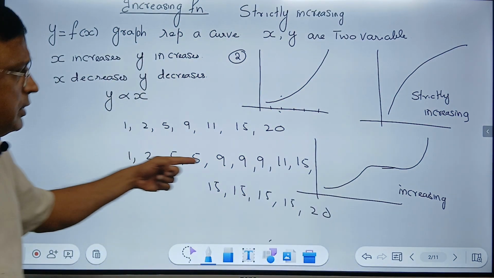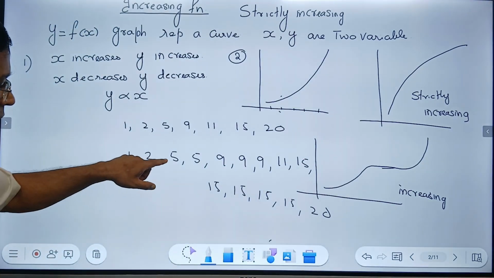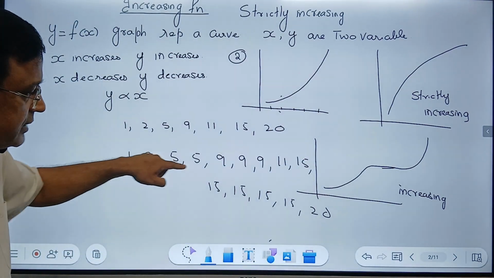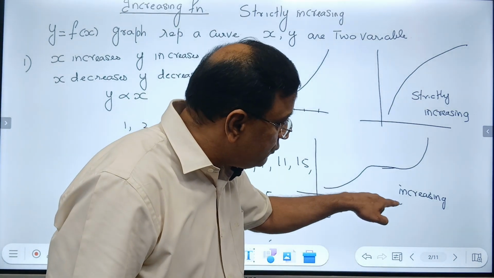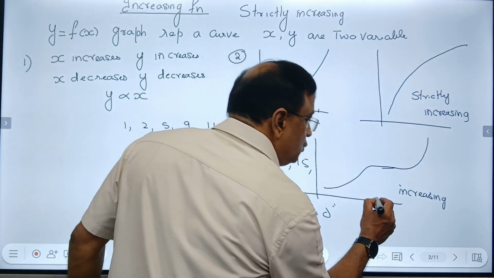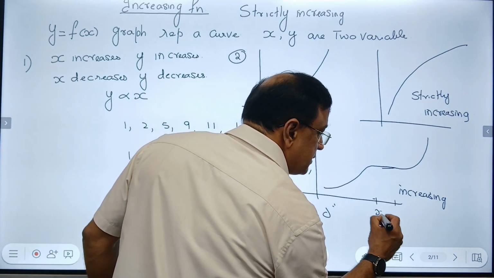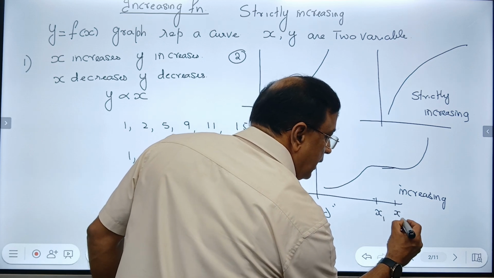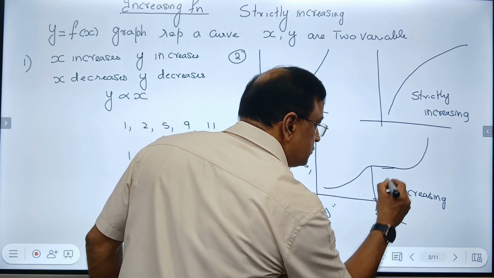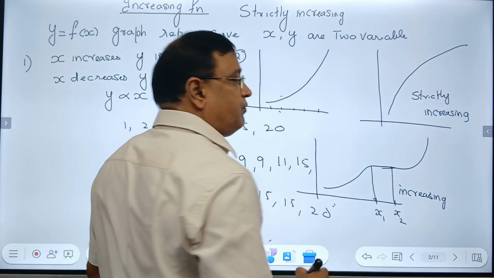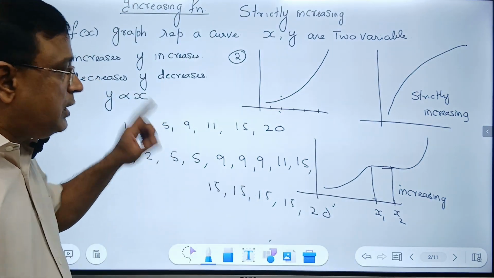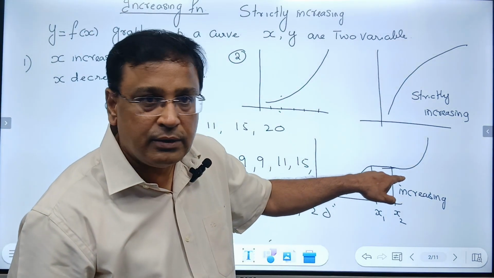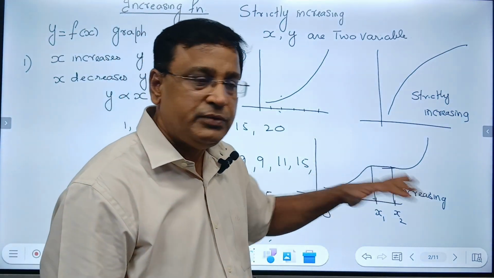This is also increasing, but at some places it takes the same value. For two different values of x, I get the same value. So dy by dx, the slope, will be 0 there.